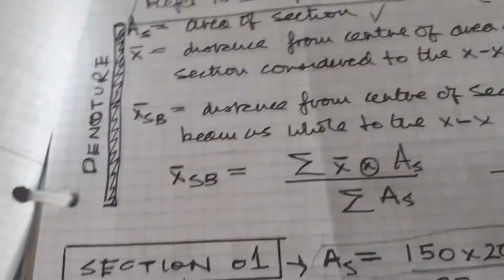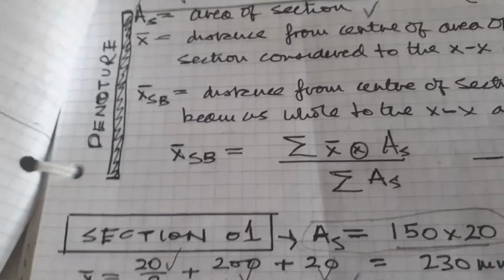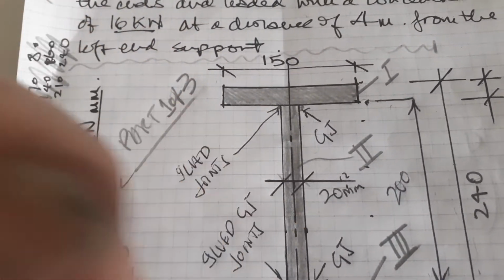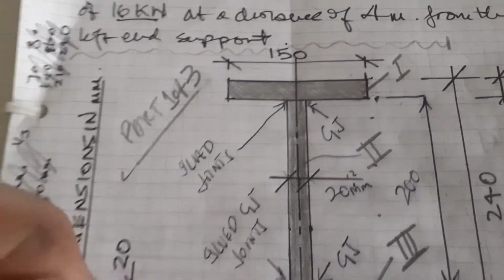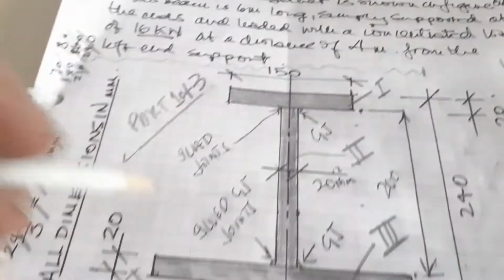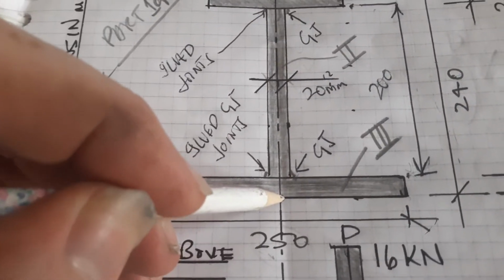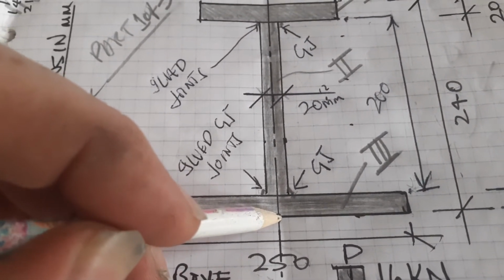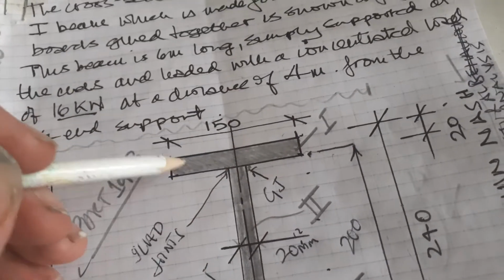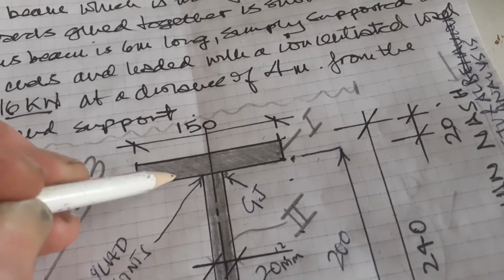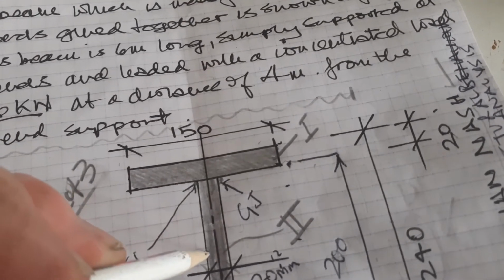The x-axis is at the bottom of the section here, so there's a horizontal line at the bottom of the section. The area of each section is just the area of the rectangle, so it's B times D, and that's going to be B times D again.